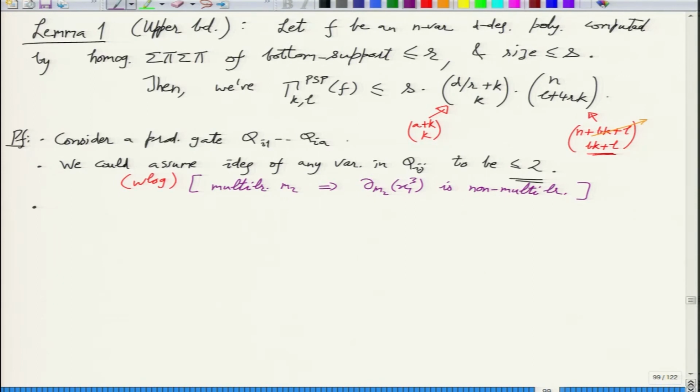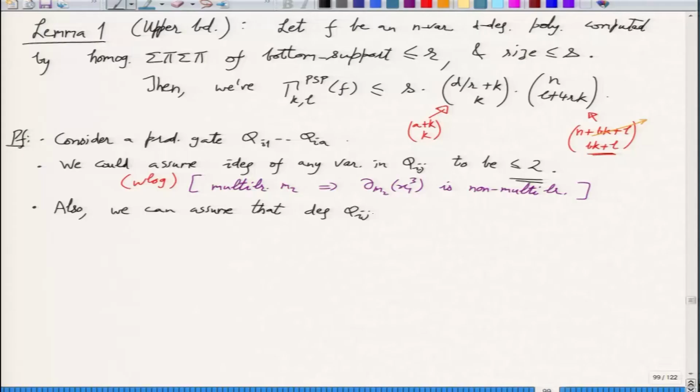And since you get something non-multilinear, when you apply the mult operator, you get 0. So such things have no contribution whatsoever to the measure. And remember, we are proving an upper bound, right? So we have to be careful about counting everything. So beyond 2 we are fine in ignoring, but 2 we cannot ignore.